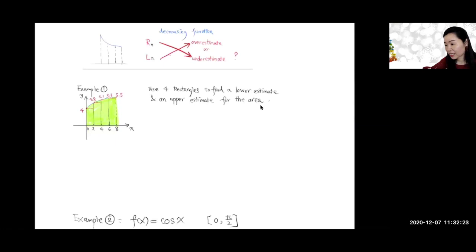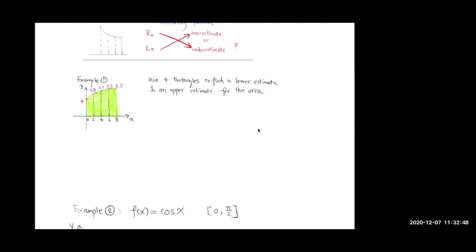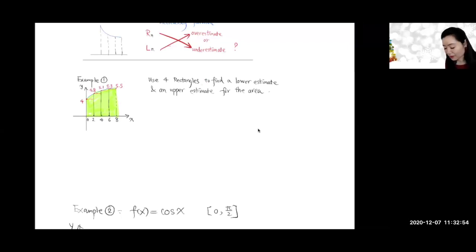Now in this example, we are trying to use 4 rectangles to find a lower estimate and an upper estimate for this area under this curve.